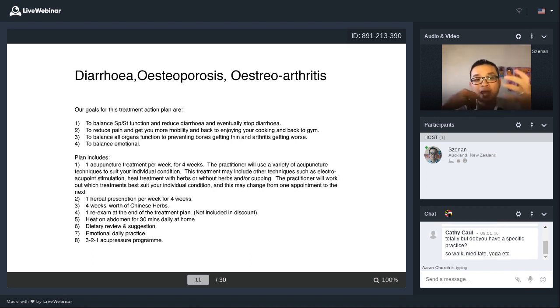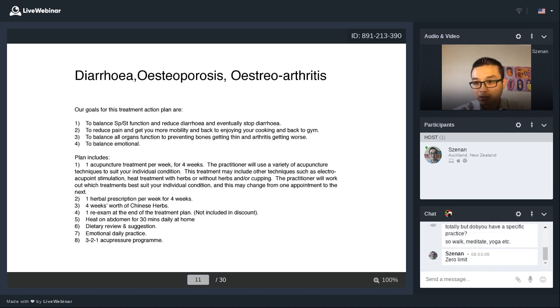And I have an emotional daily practice. Yes, I do have one. This is something that worked for me. This book called Zero Limits, you guys can find out.